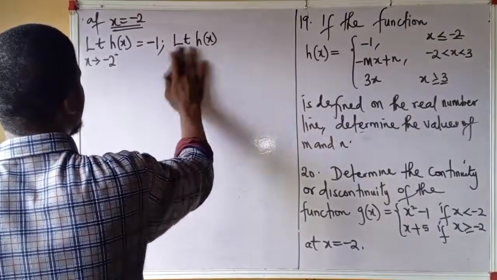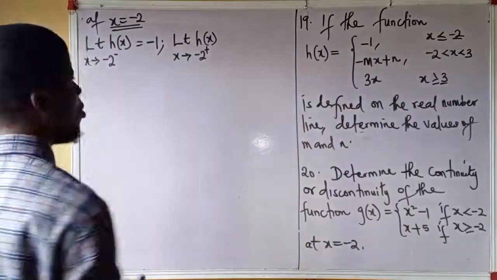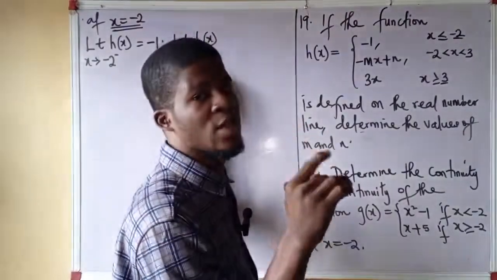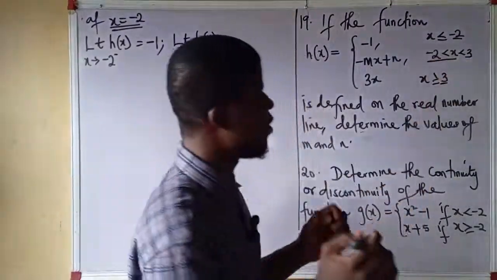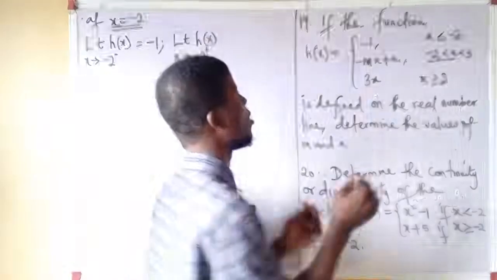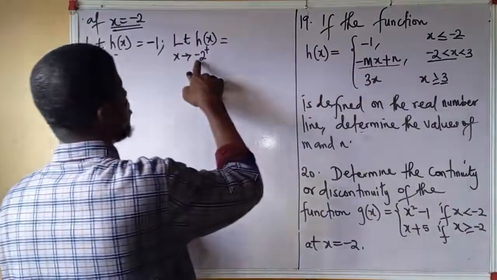The limit of the function as x goes to minus 2 from the right, what will it be equal to? For the right hand limit, it means that x is greater than minus 2. I can see it here. If minus 2 is less than x, that means x is greater than minus 2. So I'll use this function to evaluate this. Anywhere I see x, I'll write minus 2.